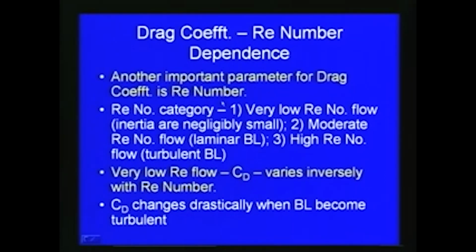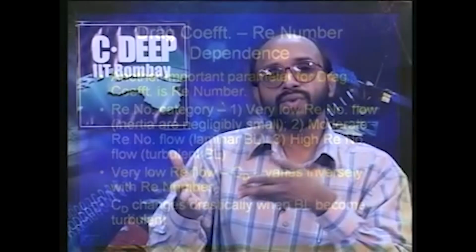We have seen that depending upon the velocity, the flow can be either laminar or turbulent. In the last lecture as well as just now, we have discussed the dependency on the Reynolds number, which is another important parameter for drag coefficient: whether the drag coefficient is increasing or decreasing depending upon the Reynolds number.